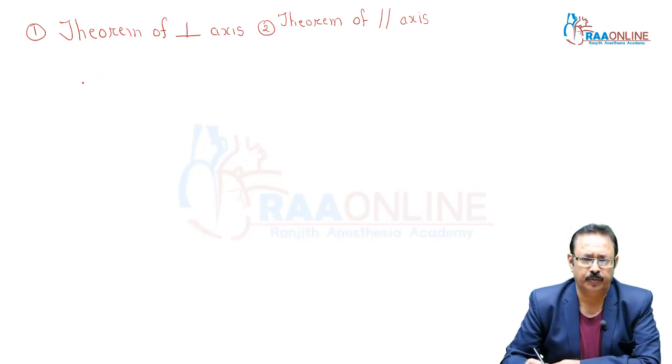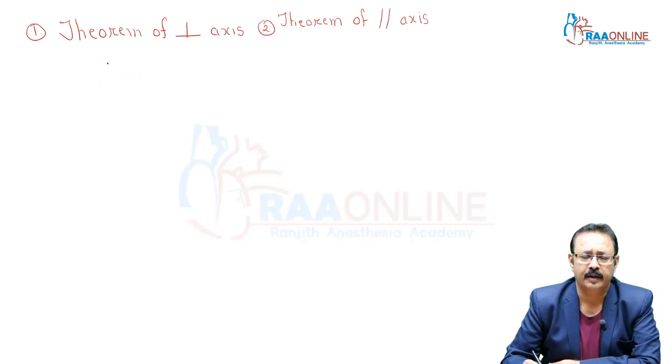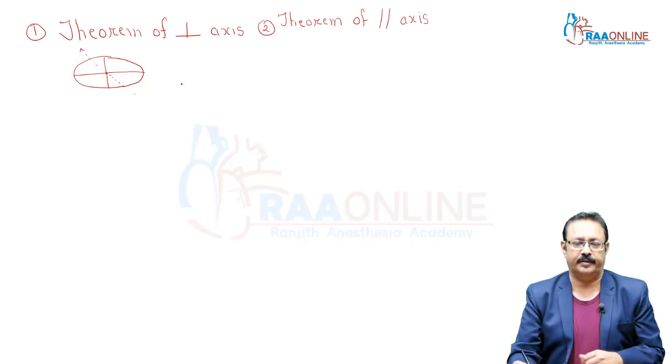If you know the moment of inertia of any object in two mutually perpendicular directions, about two perpendicular axes, suppose one is this and the second one is this, then with the help of these two, you can get the moment of inertia about an axis which is perpendicular to both of these axes and passing through their point of intersection.